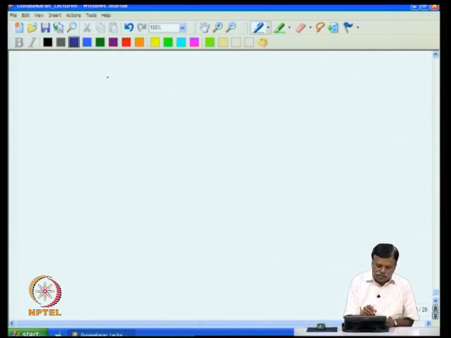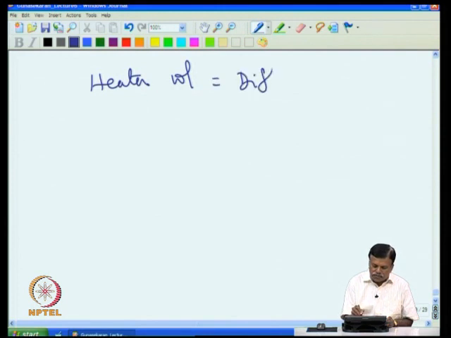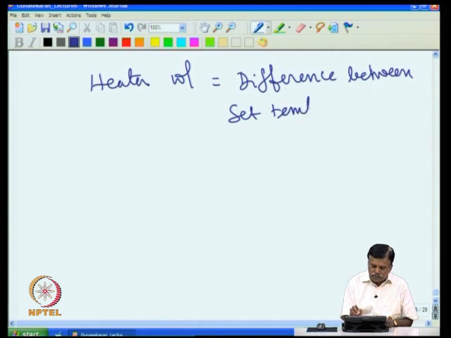That is the basis of a proportional controller. So we have to generate a heater voltage that is proportional to the difference between the set temperature and the actual temperature.